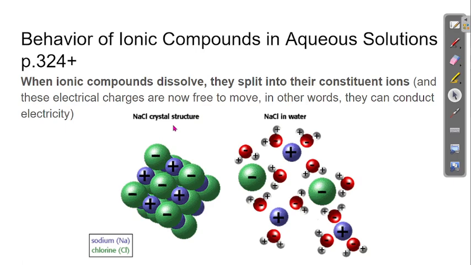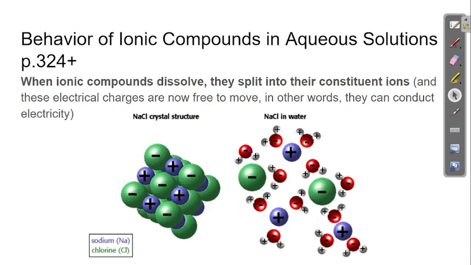So when ionic compounds dissolve, meaning they get into the water and then they're being pulled apart and they seem to disappear in the water, okay? They split into their constituent ions. So basically, you see the sodium is represented by the positive, because if you split this, the sodium is your metal, and that means it will be positively charged, and your chlorine, the chloride ion, is represented by the negative sign right here.